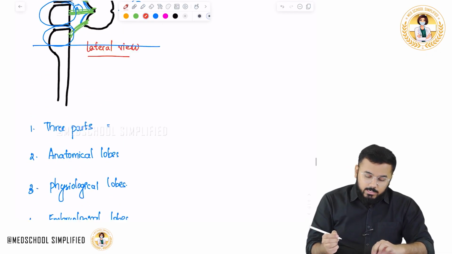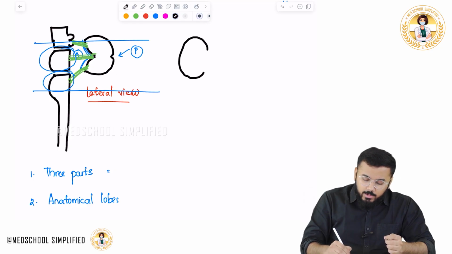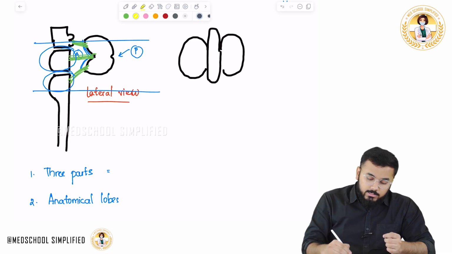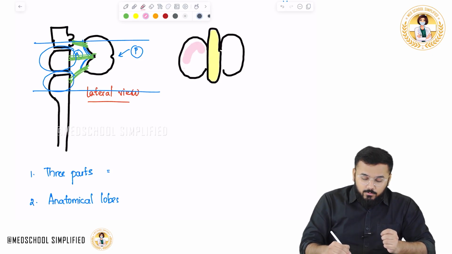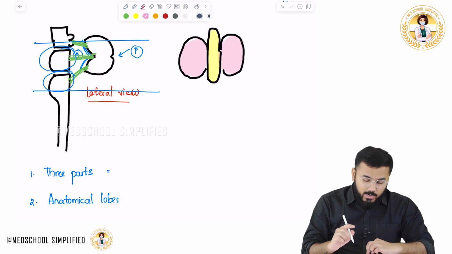What are the 3 parts, guys? You tell me. See, for example, this is your right cerebellar hemisphere. This is your left cerebellar hemisphere. In the center, you have got a structure like this, and this structure which is located exactly in the center is called your vermis. So, we have got the right cerebellar hemisphere, the left cerebellar hemisphere, and the vermis in the center. So, how many parts? 3 parts.